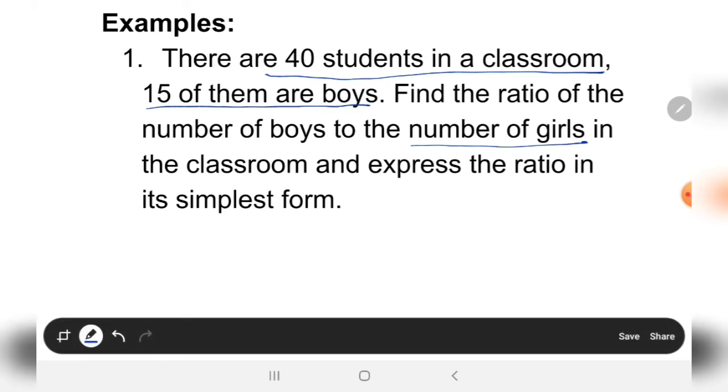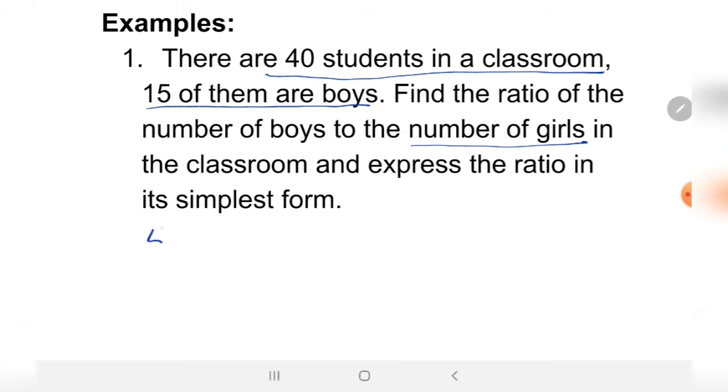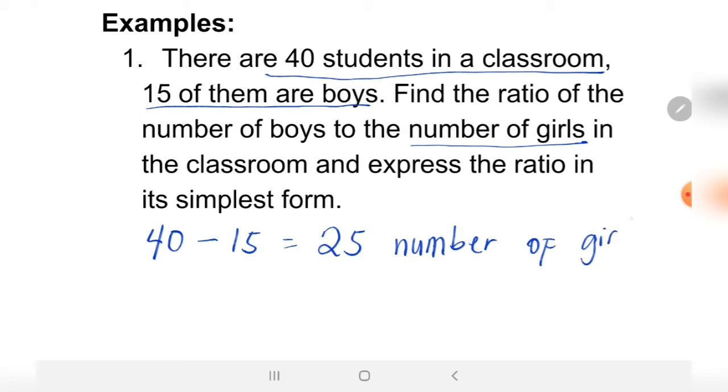To solve the number of girls, we must subtract the number of boys from the total number of students, and that is 40 minus 15 equals 25. This 25 is the number of girls in the classroom.